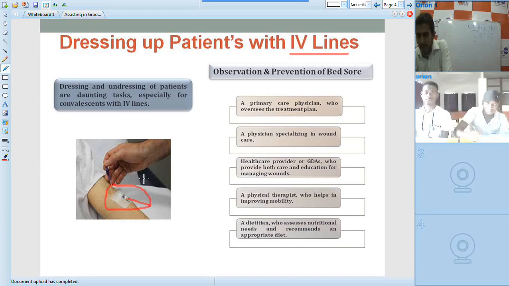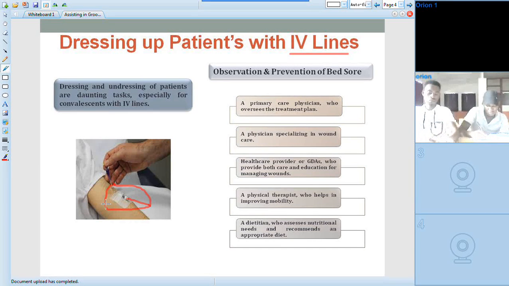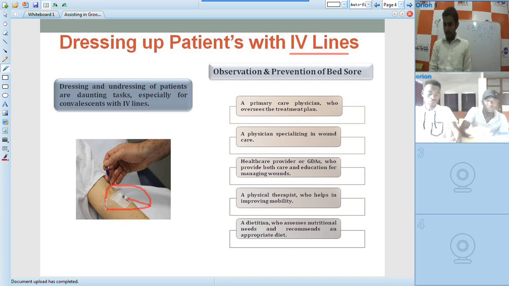This area must be protected and not get damaged at any cost, because damage to the IV line or the veins might cause the patient heavy bleeding, which may lead to the death of the patient.